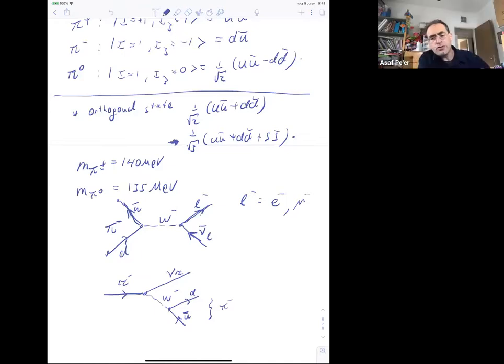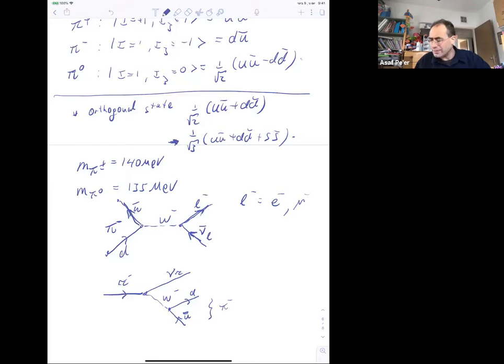The W is a virtual particle, right? We never see it as a free particle, okay? Again, remember that Feynman diagrams are computational tools, a way of describing a process that happens.